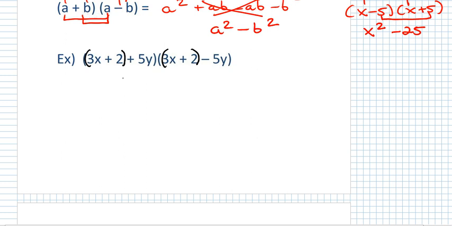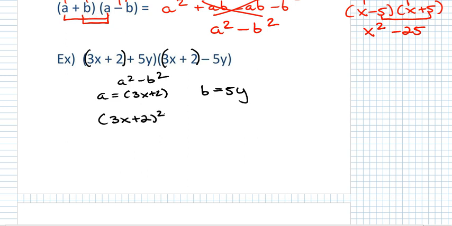So we're going to use a squared minus b squared, where a is the 3x plus 2 and b is the 5y. So basically we're going 3x plus 2 squared minus 5y squared.